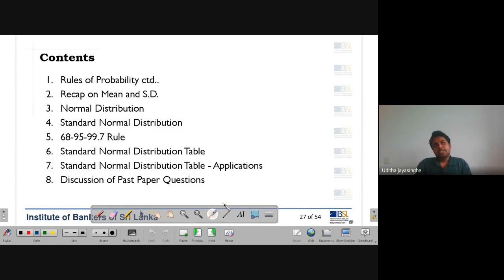Let's say you just take the weights or the heights of 70 students in a class and you're trying to apply this standard normal distribution. Do you think it's a good way to apply? I would still say, okay, fine. Your data set may be biased, your data set may be skewed.